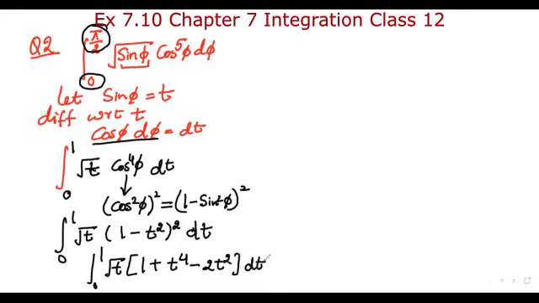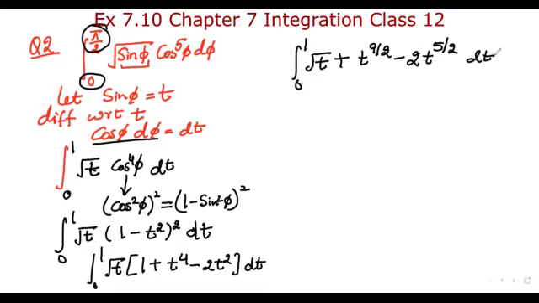So this value will be 0 to 1 root t into 1. This is root t plus t power 4 plus half, that will be t power 9 by 2. Then minus 2, 2 plus half, t power 5 by 2 into my dt.